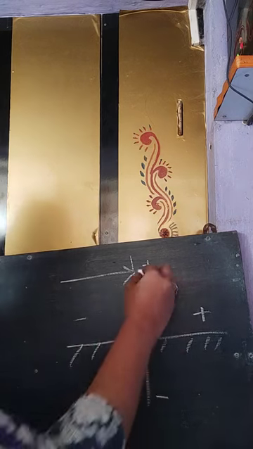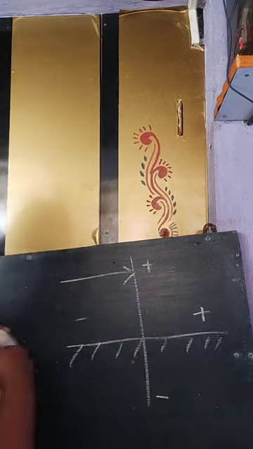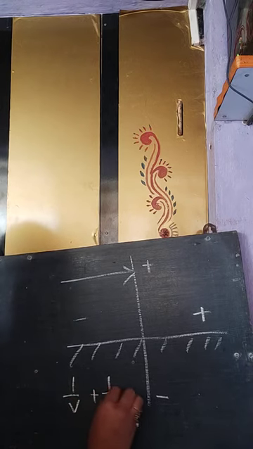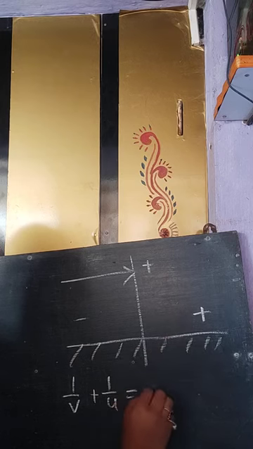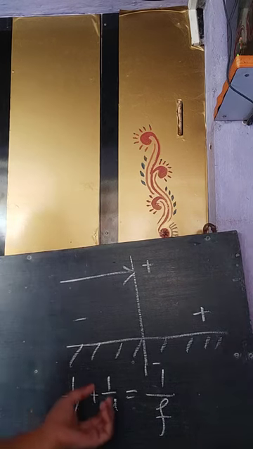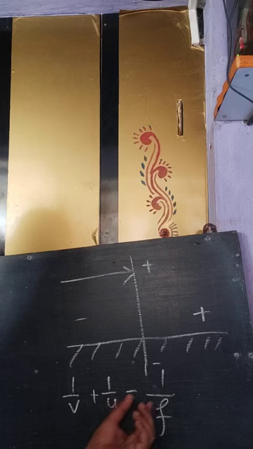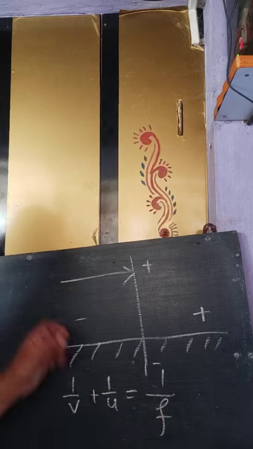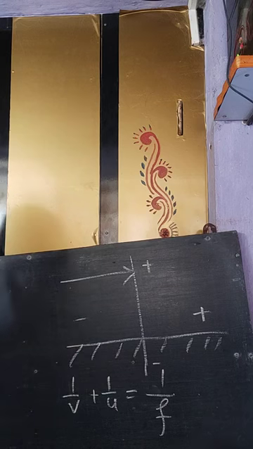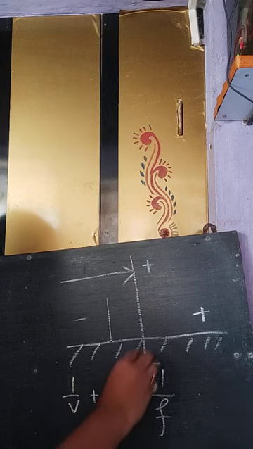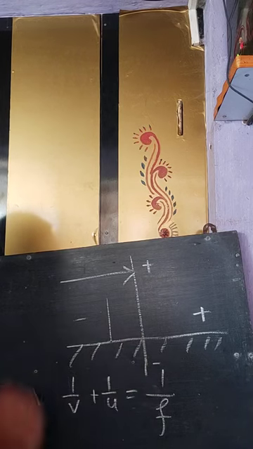We already know that the mirror equation is 1/v plus 1/u equals 1/f, where f is the focal length. So where is v, where is u, and where is f? For this part we need the sign convention. Suppose an object is placed here, so the object distance will be negative.